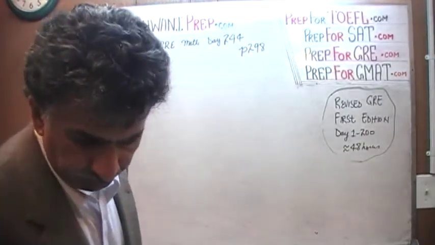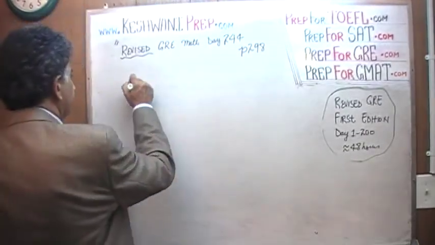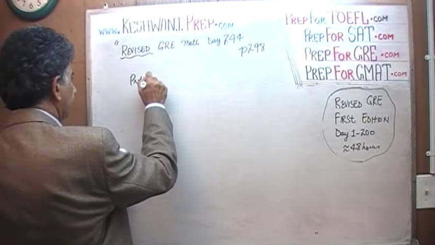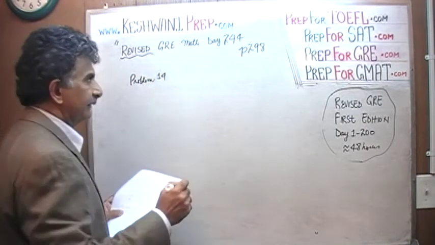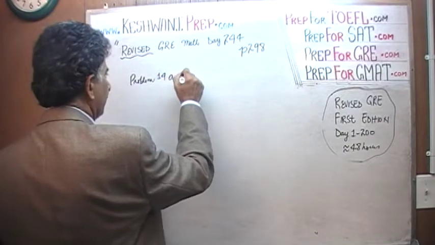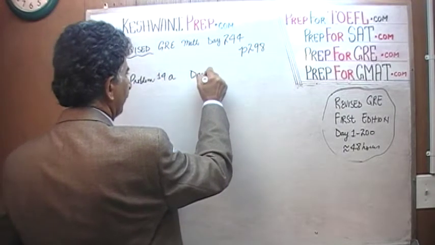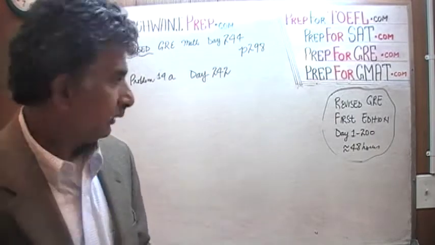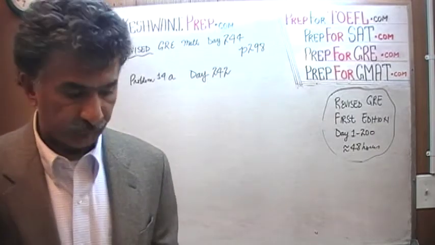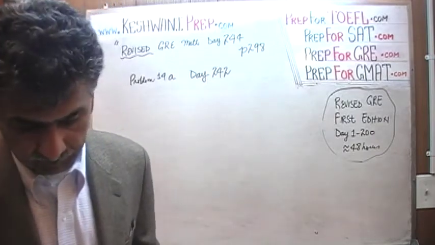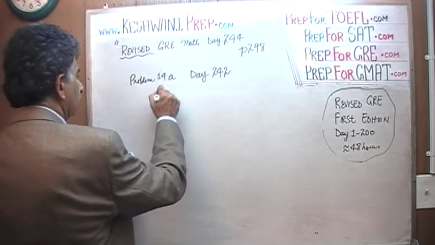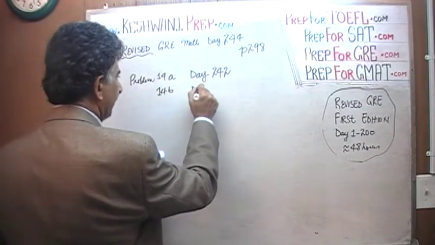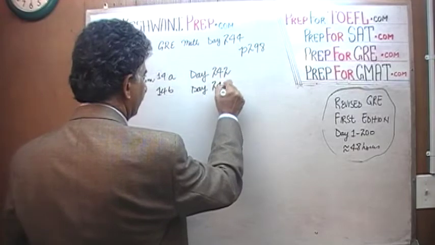The very first problem that you see there, problem number 14, is something that I did on problem number 14a. I did it day before yesterday. Look for day 242. And then part B, 14b, is something that I did on day number 243, yesterday.